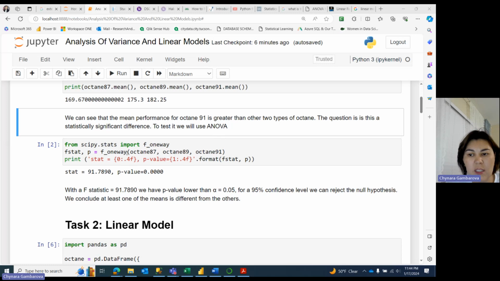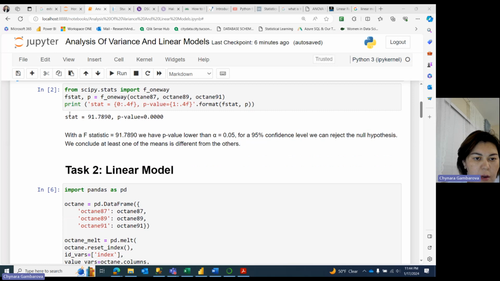So the question is, is this a statistically significant difference? Can we apply it to the populations coming from the sample? So here I'm performing the ANOVA test, and here we have our F statistic and p-value, and as we can see, the p-value is really low.